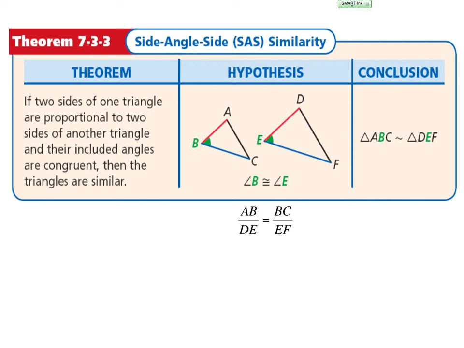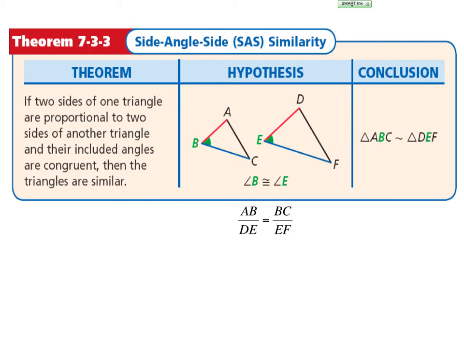That's what you know before you use that. Okay, so the hypothesis here, you have to know, like angle A and angle E are congruent. You also have to know the sides, AB is proportional to DE, BC is proportional to EF.